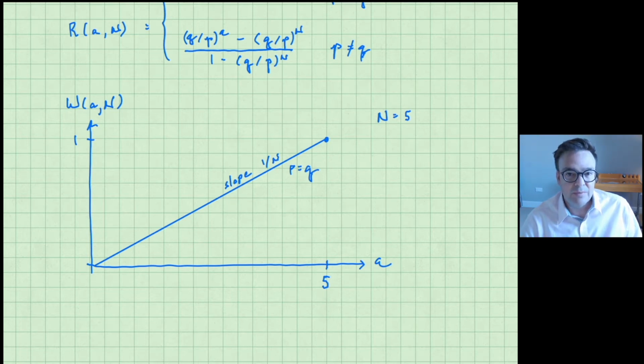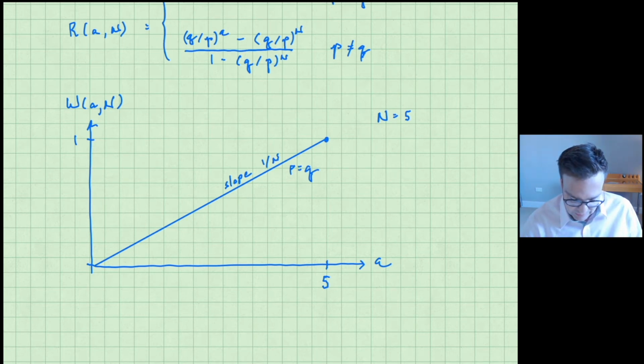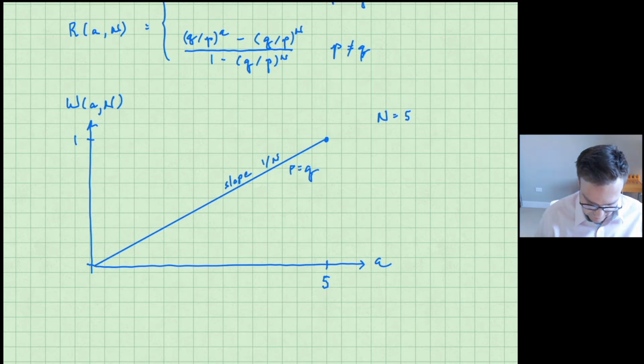And if you decrease p, it should be more difficult. And what does it look like for things to be easier? Well, if it's easier to win, then this curve, as you come off of here out of 0, should rise quickly, right? And it's got an asymptote at 1.